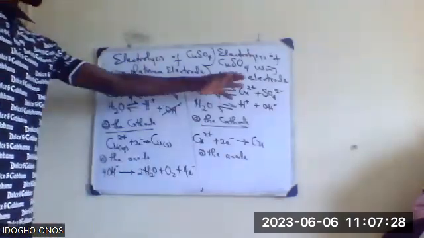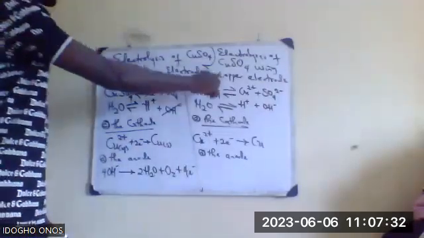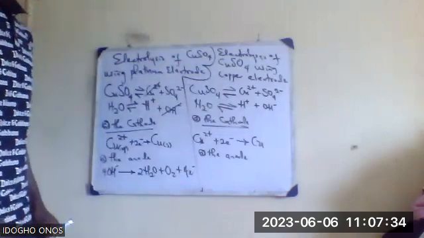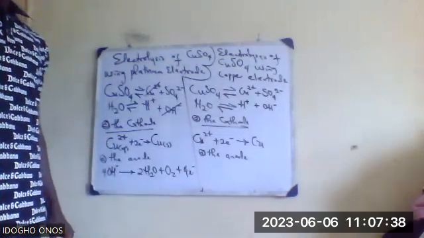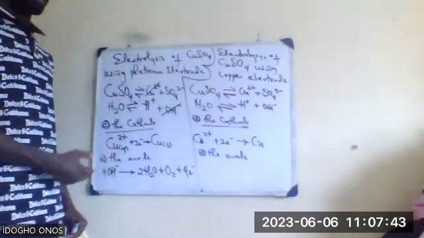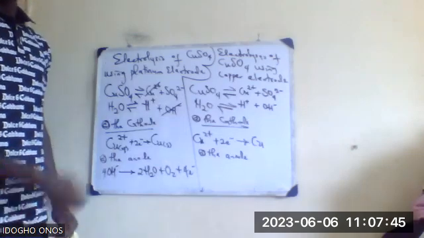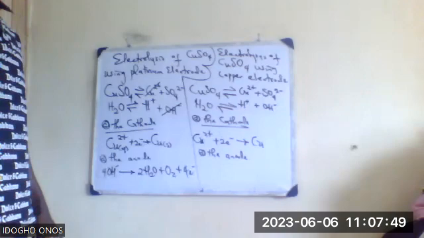The next one is copper electrode. Now, remember, copper electrode is a very good example of a reactive electrode. And because it is a reactive electrode, the copper material itself will want to be deposited or discharged.